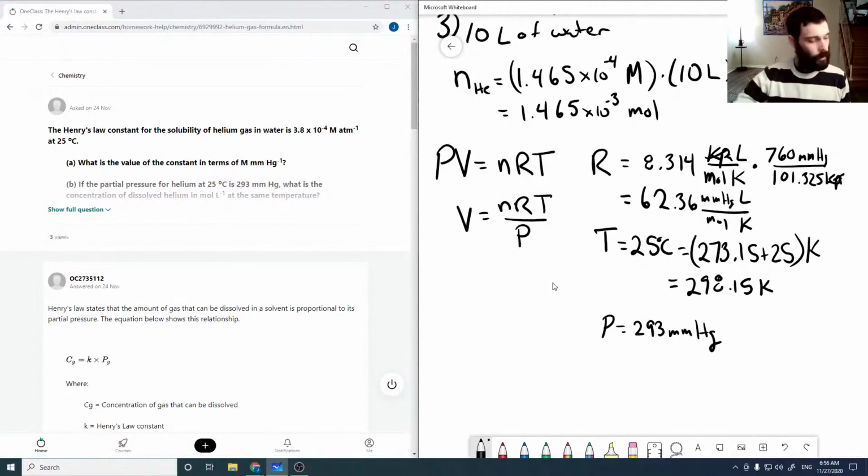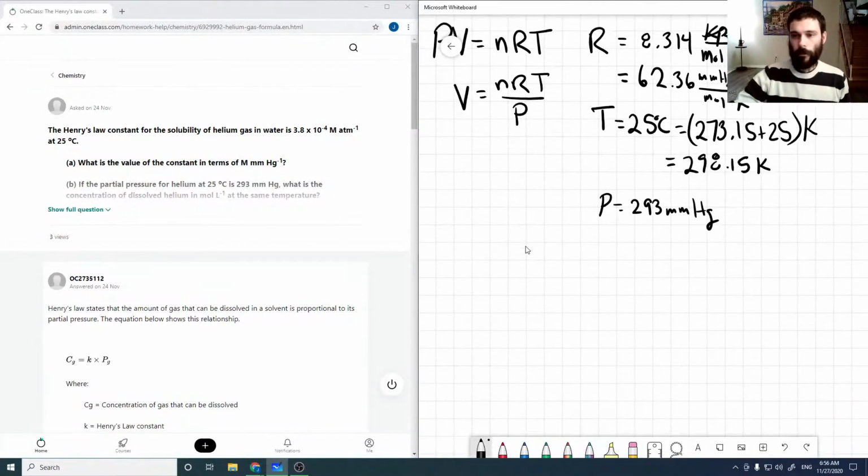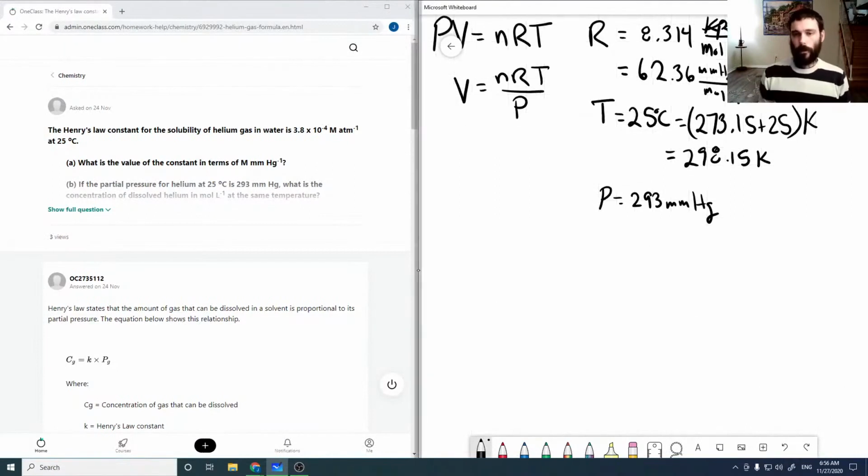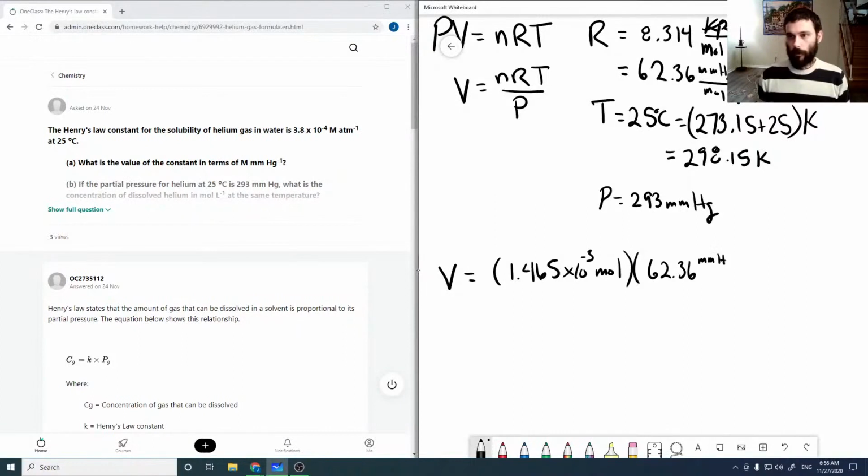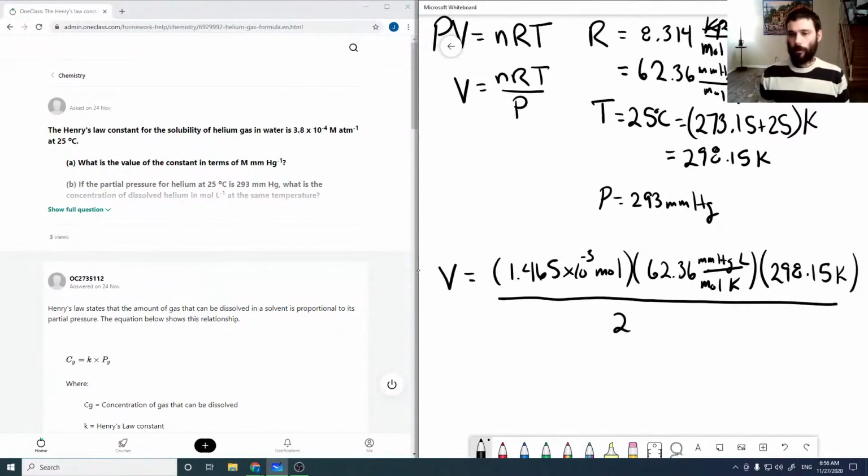Combining all this into our volume expression, the volume is 1.465 times 10 to the minus 3 moles times our gas constant, 62.36 millimeters mercury liters over mole Kelvin, times our temperature, 298.15 Kelvin, divided by our pressure, 293 millimeters mercury.